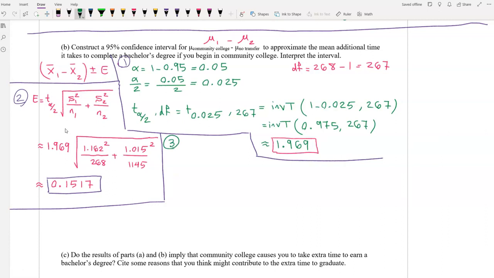Now finding the lower bound and upper bound. Find the difference between the sample means and subtract E, so we have 5.43 minus 4.43 minus E, 0.1517. I'm going to round to 3 decimal places, 0.848.